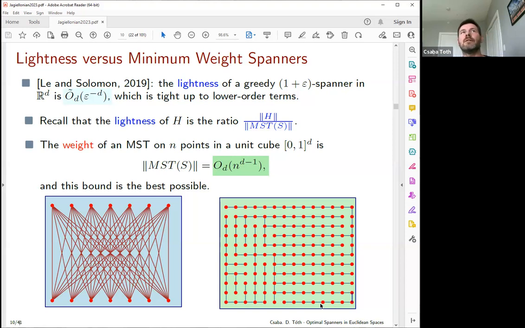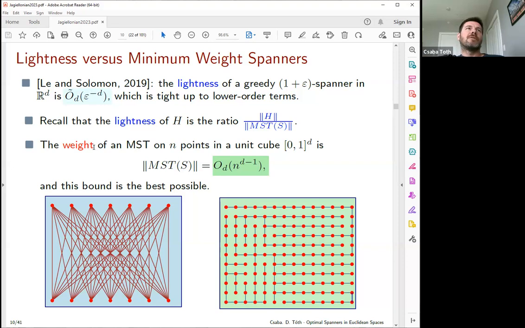We know that the greedy spanner gives an almost tight bound for the lightness. And this lightness bound is epsilon to the minus t, minus the lower order terms. That compares the weight of the spanner to the MST. But for the MST, we also have tight bounds that were actually a lot older.